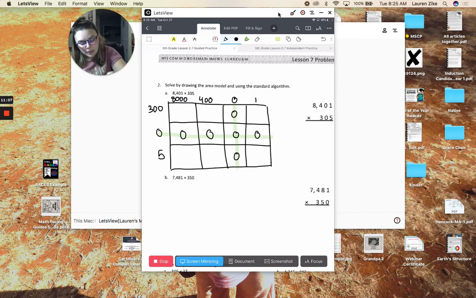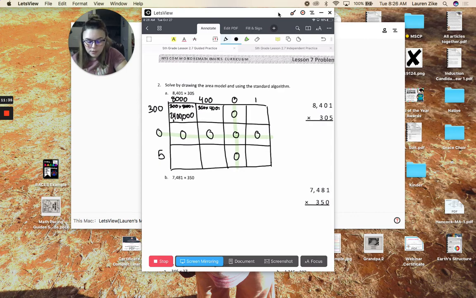So in our first row, we have 300 times 8,000. 3 times 8 gives us 24, and we add 1, 2, 3, 4, 5 zeros. That's a big number, 2,400,000. That's really big. And then we multiply 300 times 400.